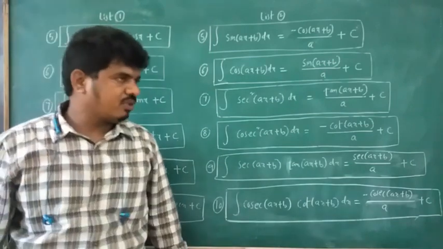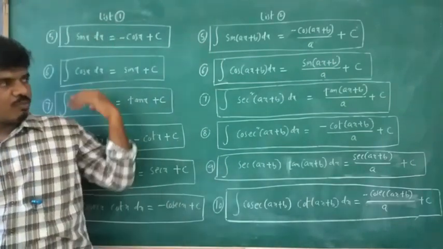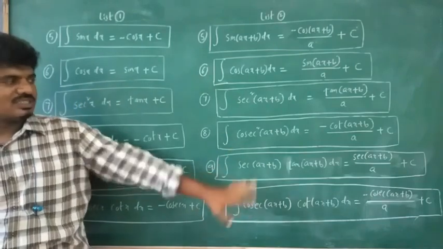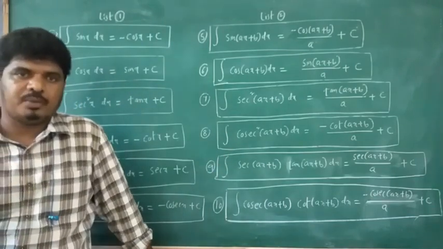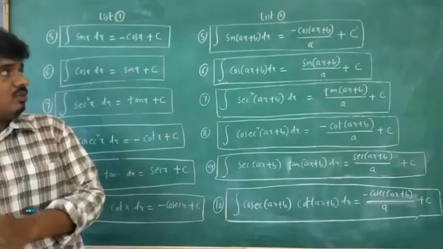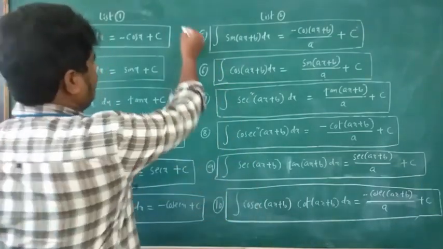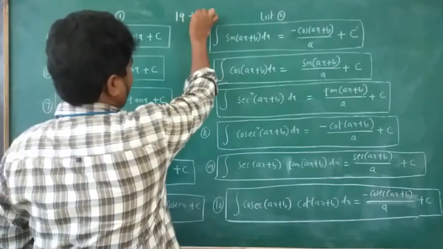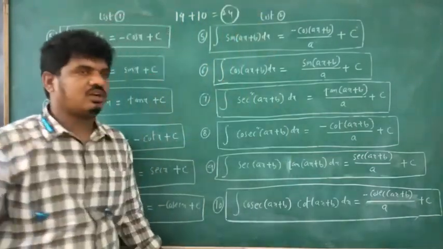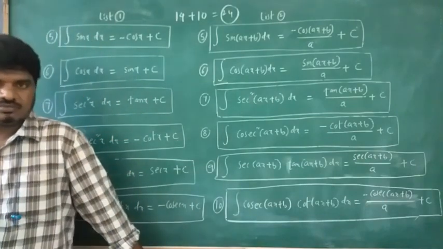So just remember the list 1 formulae. If you know all these formulae, automatically you can remember the second list formulae. Try to remember these 14 plus 10, total 24 formulae, we will use them in the first exercise.